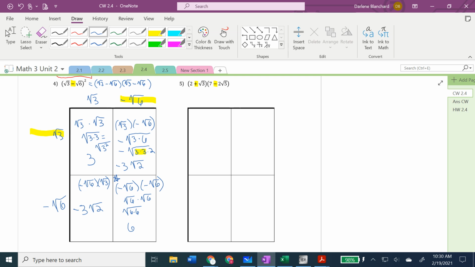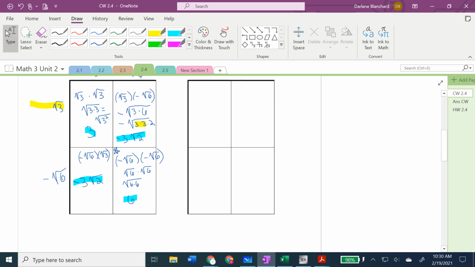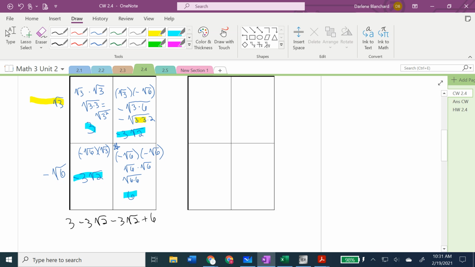When you do the box multiplication, after you do the individual multiplications, you take all of the results and you add them together. So I'm going to add 3 minus 3 root 2 minus another 3 root 2 plus 6.